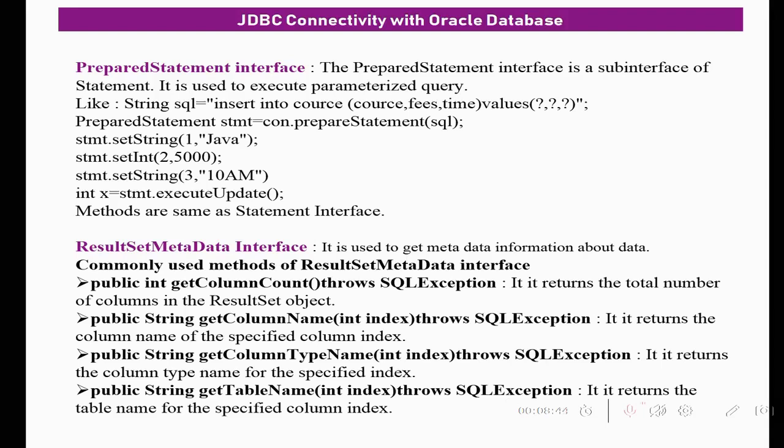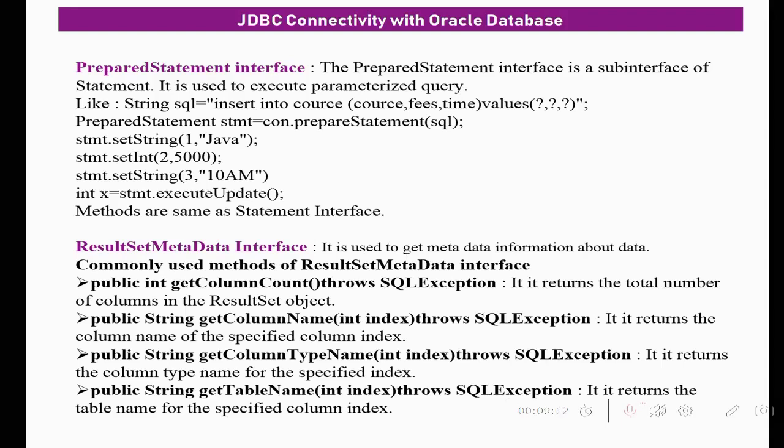Now let's understand the ResultSetMetaData interface. It is used to get metadata information about data. Commonly used methods of the ResultSetMetaData interface are public int getColumnCount throws SQLException. It returns the total number of columns in our ResultSet object. Next is public String getColumnName.